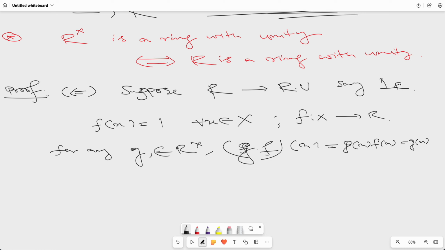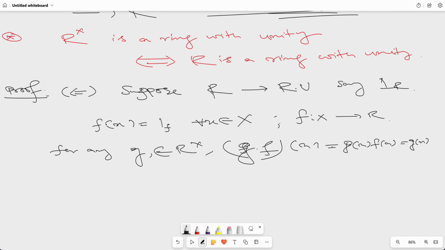Here you have defined f(x) to be 1R, you can take it to be 1f. There is no issue. f is a function from X to R, and R has 1.